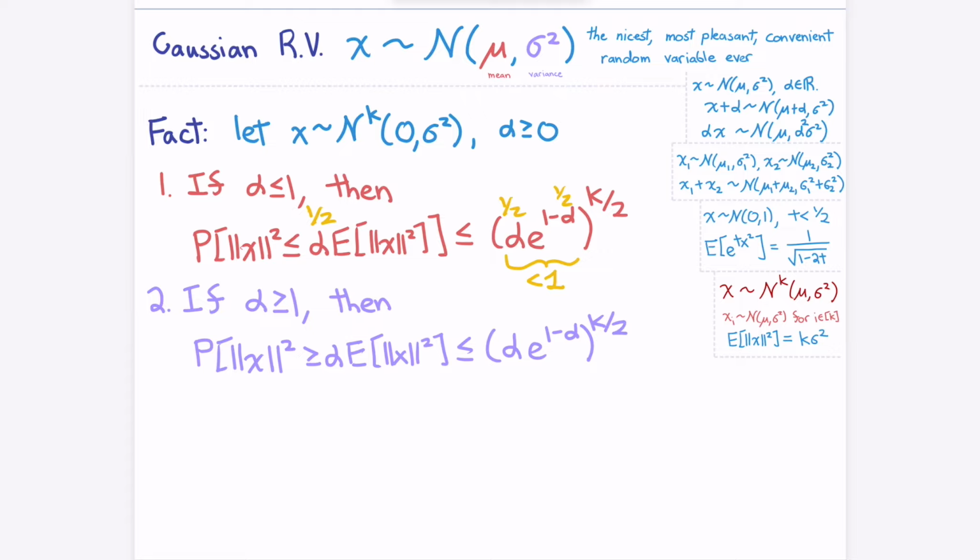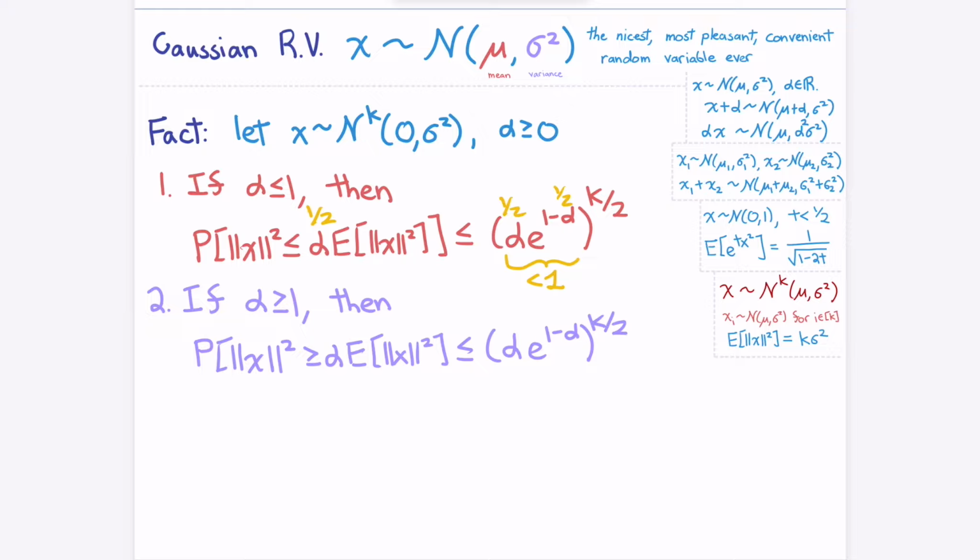And so this is saying that you have some value less than 1, and it's dropping off exponentially in k. Okay. So what's that saying? The higher the dimension, the more concentrated the length of the random vector.